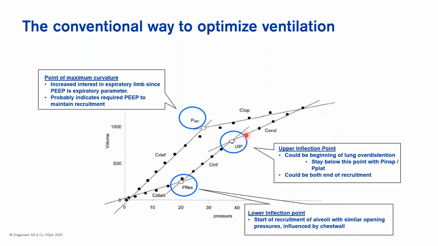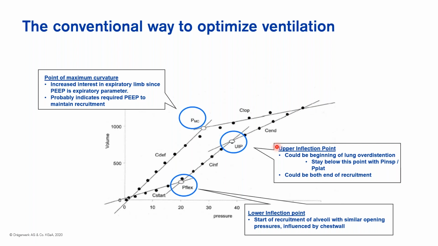If you look at the low flow PV loops, we have the information about the lower inflection point. This is the point at which the lung opens up. We have the upper inflection point. It could be either the beginning of lung overextension, or it could also be the end of recruitment.